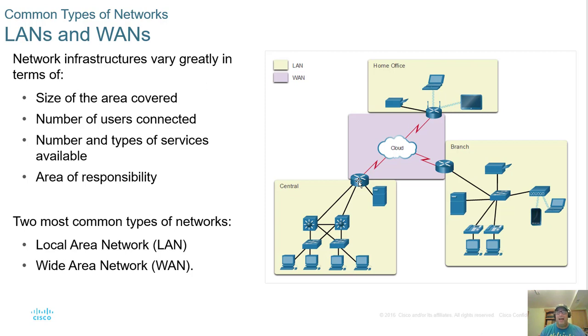You could have a LAN or multiple LANs at one physical site. Like for instance, this central site here has a couple of layer 3 switches, which are essentially routers. And then you've got a couple of devices down here, and they may not all be in the same subnet or in the same network. They might be in 2 different networks or maybe 3 different networks.